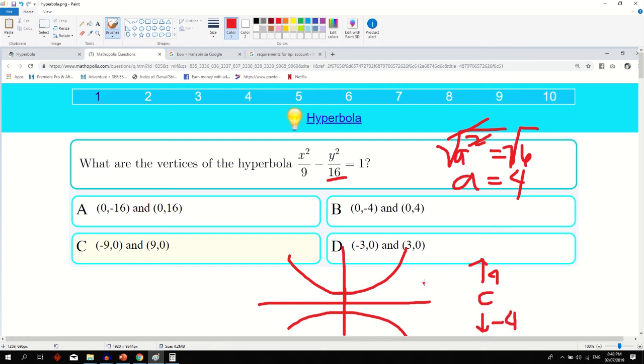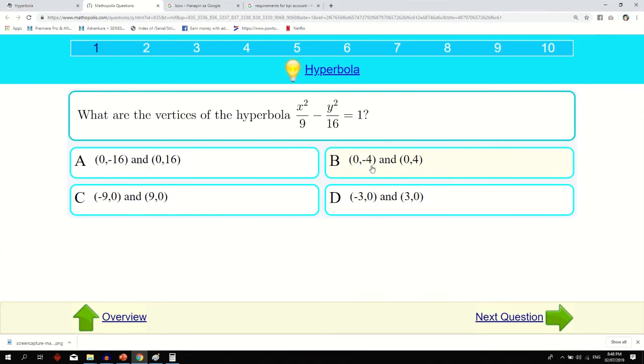It should go from here to here, so the vertices are on the y-axis, so the answer should be B. So let's try to answer B.